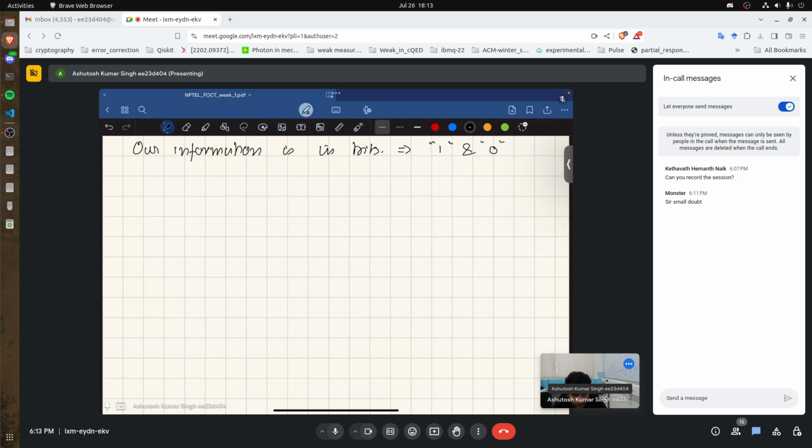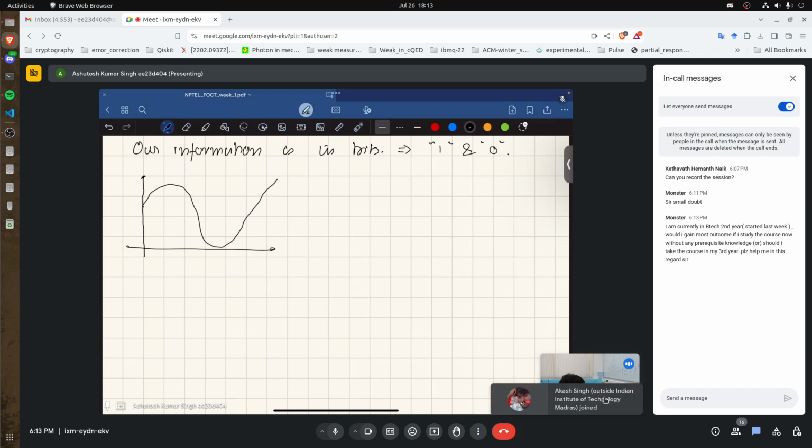Now how do we get these ones and zeros? Let's say I have something that is going, that's an arbitrary state like this. Now the units of interest for us would be, let me change the pen color.